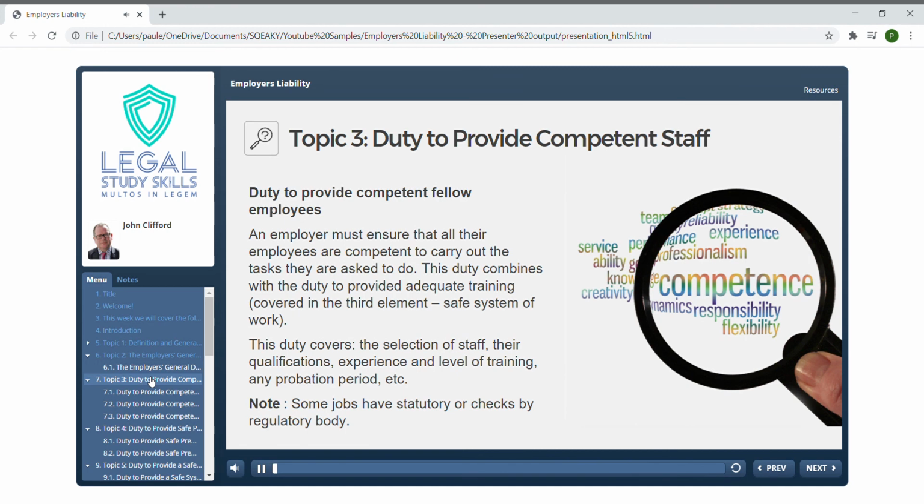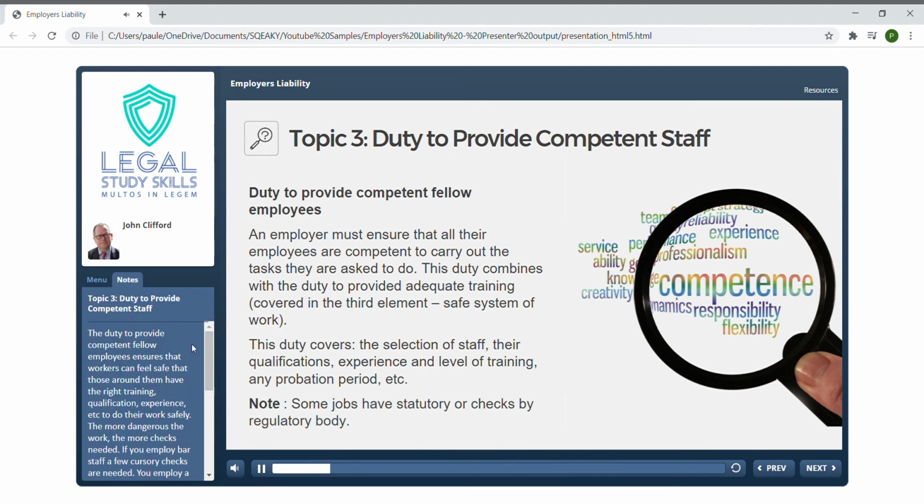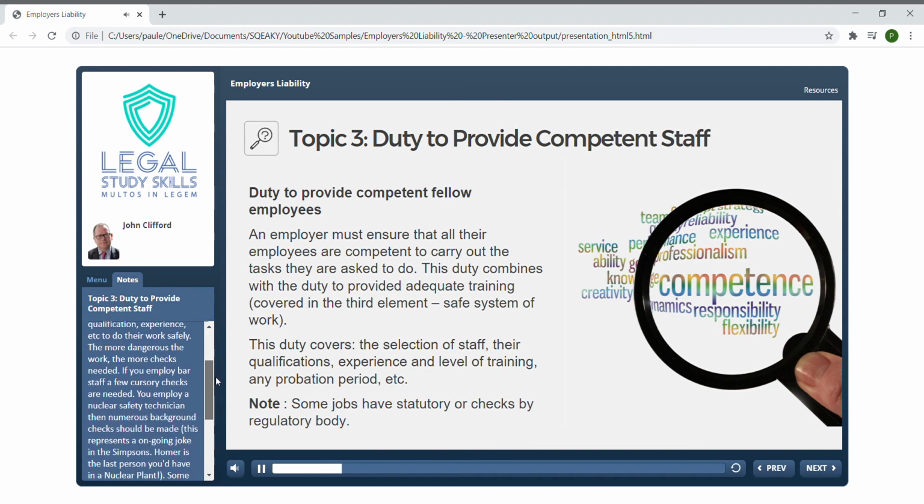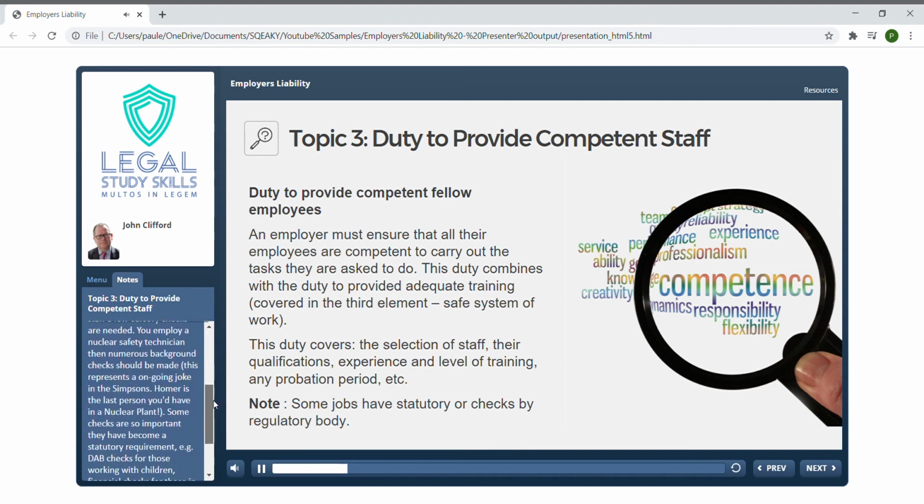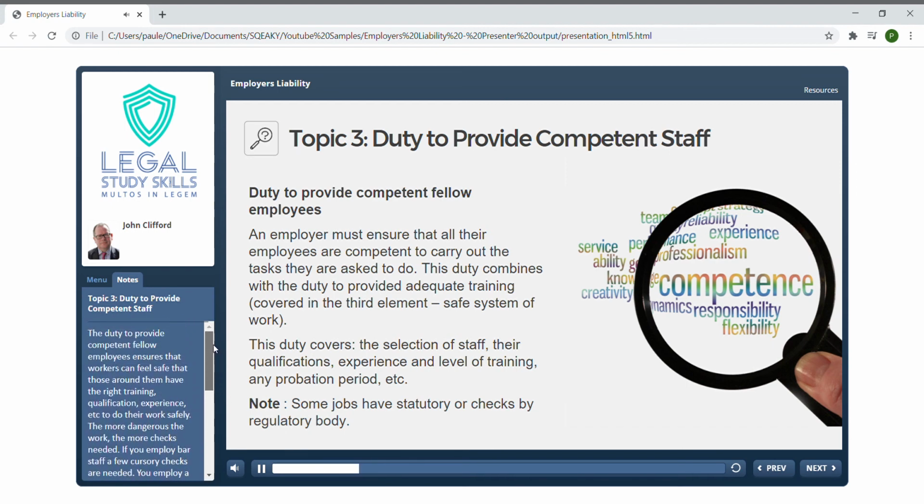So let's go through the duty in a bit more detail by looking at its individual component parts. I'm going to start with the first one, which is the duty to provide competent staff. What does this mean? This means that every employee would expect other employees to be competent to do their job. So if, for example, they do their job badly, negligently, and the claimant employee is injured, they can sue the employer. Now, they can technically, in theory, also sue the fellow employee.